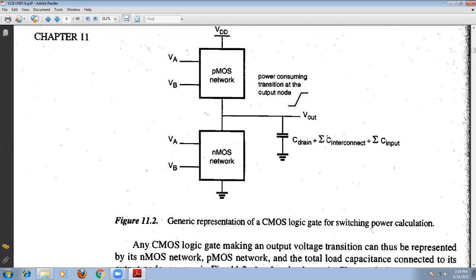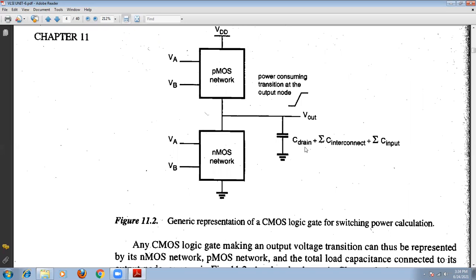Just observe here, total capacitance is equal to C drain, that is the capacitance due to the circuit itself, the output capacitance of the driver gate, plus the interconnection capacitance, plus the number of devices which are connected to this output terminal. That means the input capacitance of the driven gates.